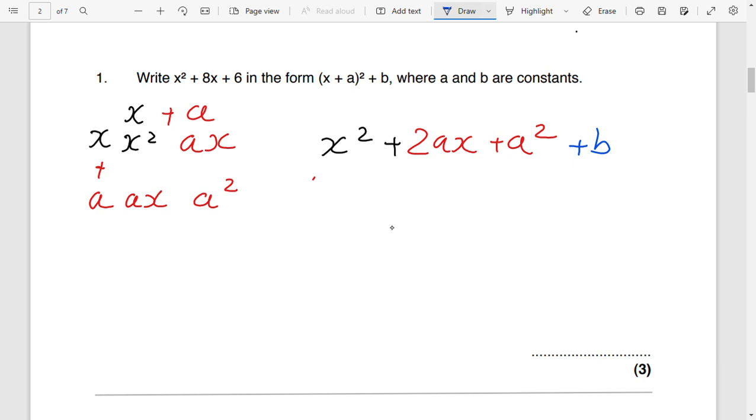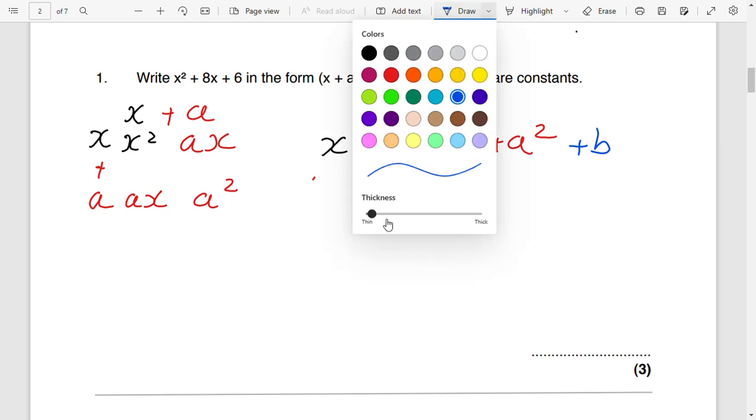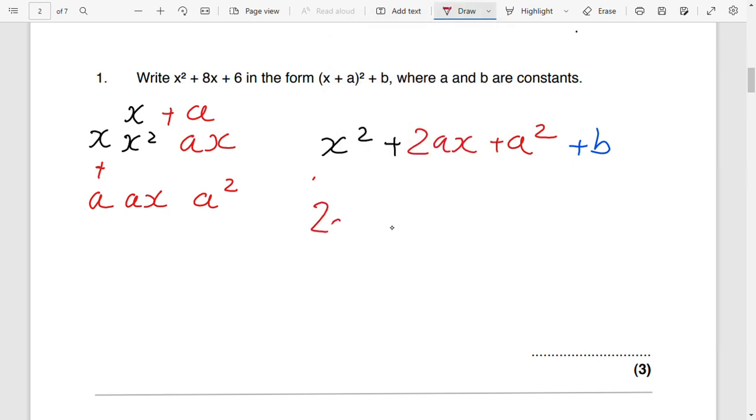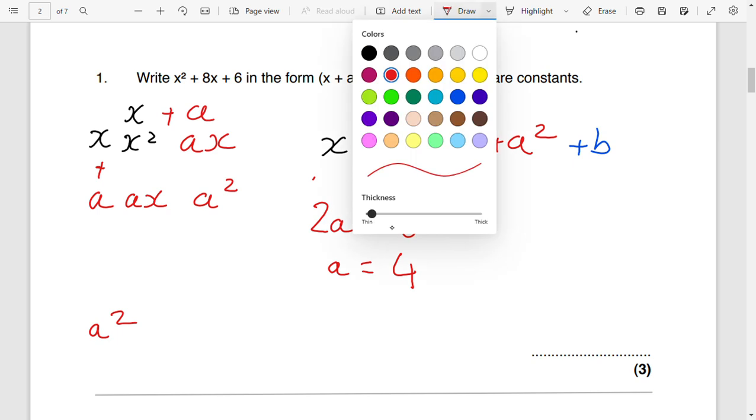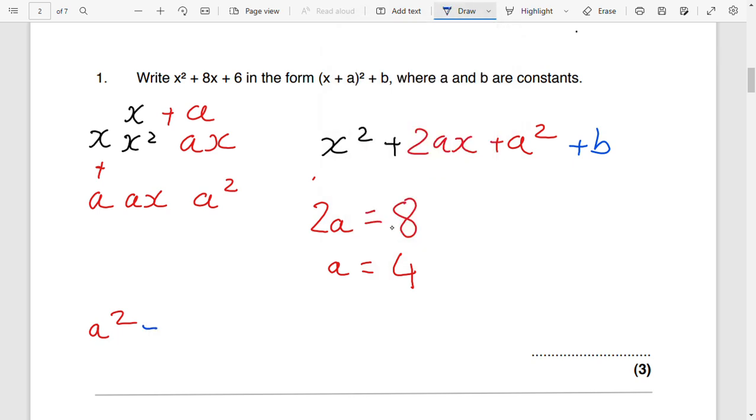So let's go through that again. So 2a has to equal 8. So a is going to equal 4. All right, that makes this bit correct in front of the x's. Then we have a squared plus b. So a squared plus b has to equal the number with no x's, has to equal 6.